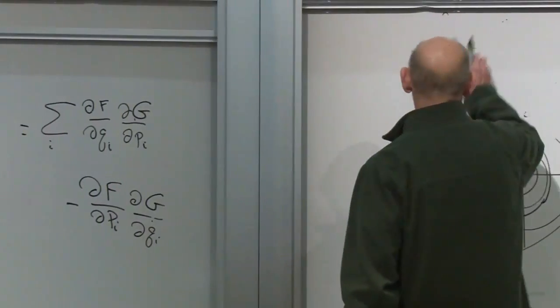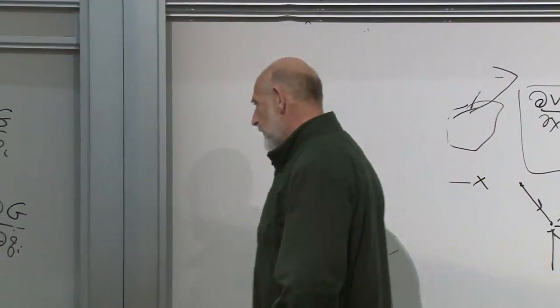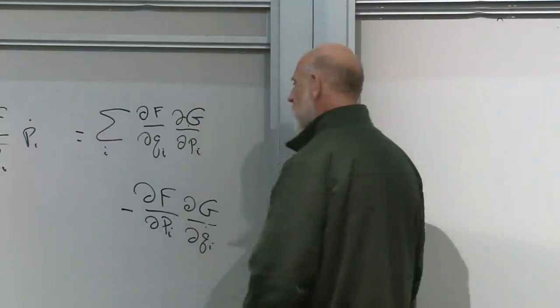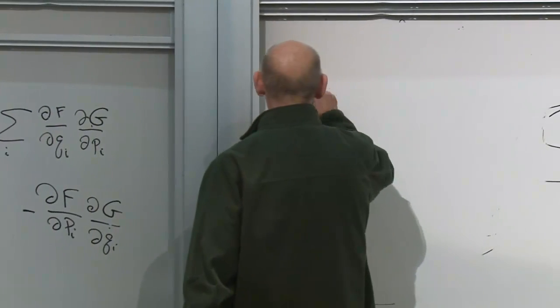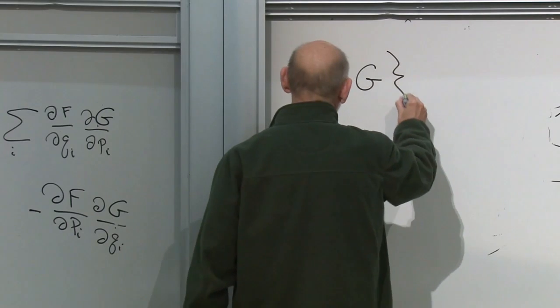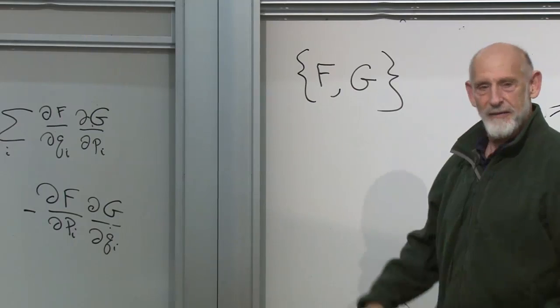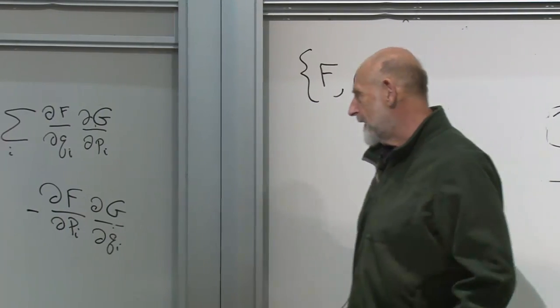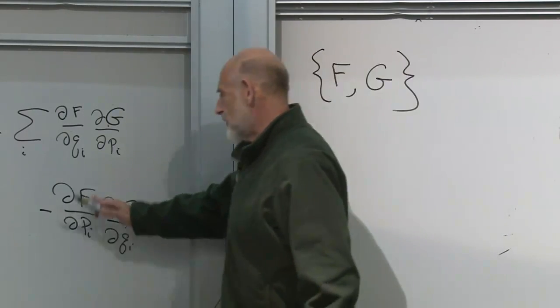Poisson was not a modest man. It's called the Poisson bracket of f and g. And it's simply written f comma g. We're going to write this kind of thing down now and then, and we're not going to bother writing all of this mess here.